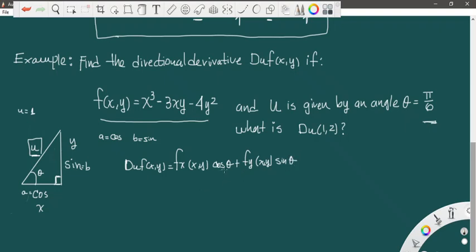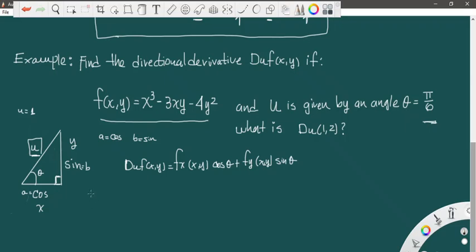And why this cosine and sine? Because to have this directional vector defined, you need these relationships according to the angle. We have the angle here, which is pi over 6, and you have all the recipe you need to calculate the direction of this arbitrary unit vector.